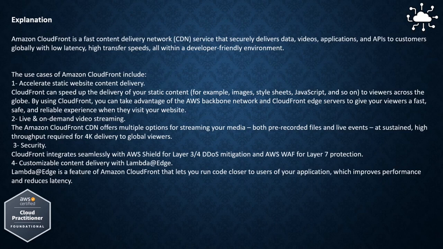CloudFront integrates seamlessly with AWS Shield for Layer 3/4 DDoS mitigation and AWS WAF for Layer 7 protection. 4. Customizable content delivery with Lambda@Edge. Lambda@Edge is a feature of Amazon CloudFront that lets you run code closer to users of your application, which improves performance and reduces latency.